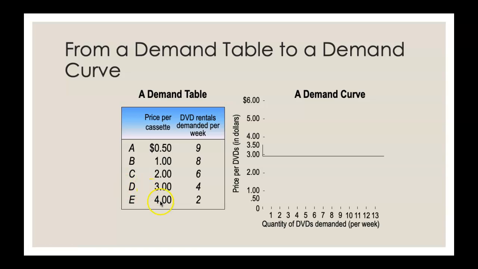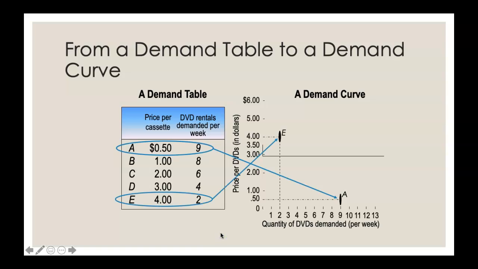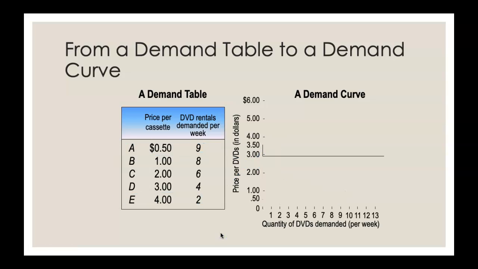So now we're going to be actually graphing the curve for your soda exercise, but I just want to make sure you understand how to do this. Price is always on the y-axis, and quantity is always on the x-axis. So here we have a demand schedule, and so we put A, here's A, 50 cents.